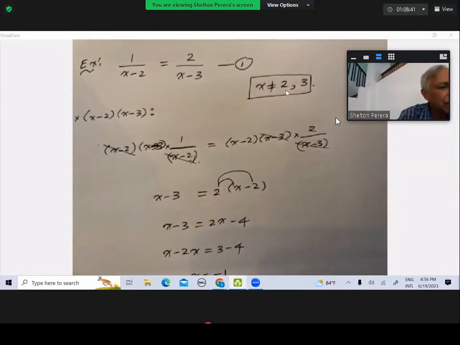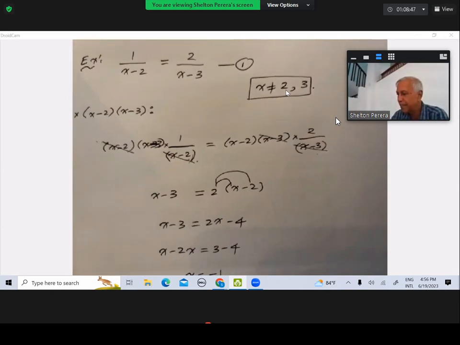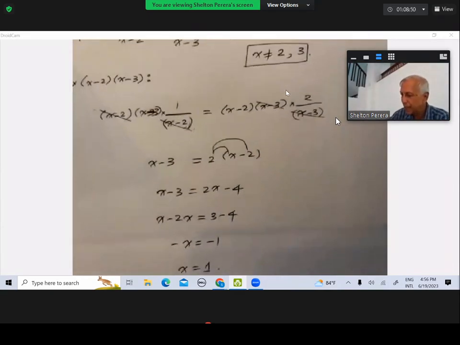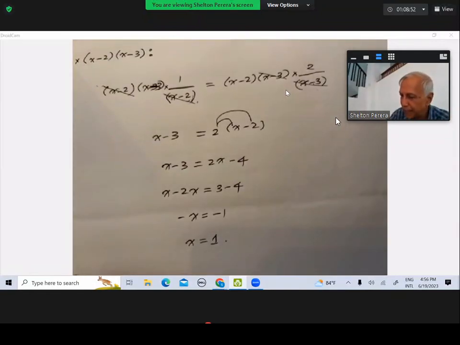Now, before I move forward, I would like to do this problem that is there in the printed note. Next example, after that we go to quadratic equations. Example: 1 over x minus 2 equals 3 over x plus 2 minus 6x over x squared minus 4.